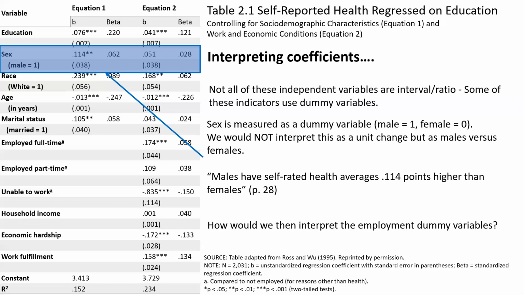So how would we report the employment dummy variable here? So if we wanted to report employed full-time, note the little notation at the bottom. So this is compared to not employed for reasons other than health. So how would we interpret the employment dummy variable for employed full-time?